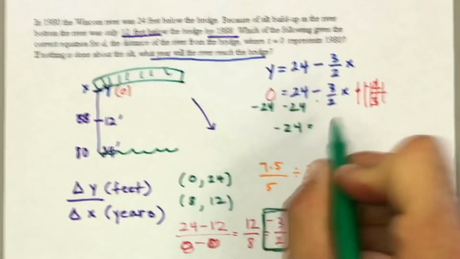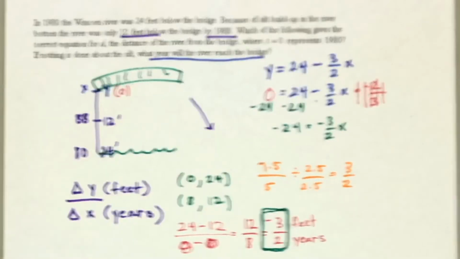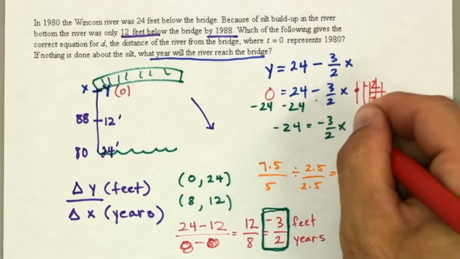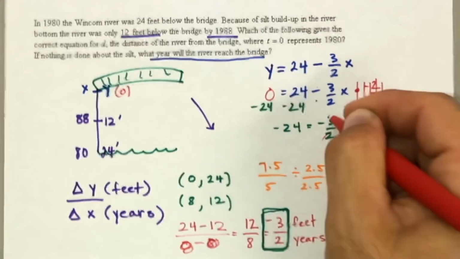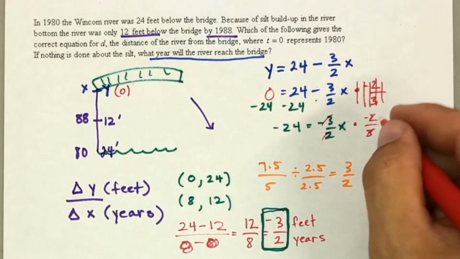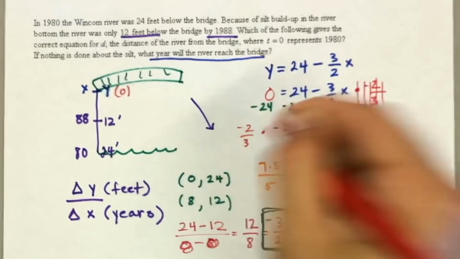Negative 24 is equal to negative 3/2 x. And then get rid of my fraction. Much easier to do that. And then I multiply by negative 2 over 3 on both sides. That cancels all this out here. So I'm left with, and what I do to one side, I do to the other, negative 2 over 3.